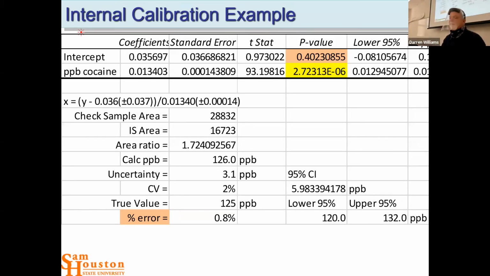So 1.96 times our uncertainty gives us that 5.9. And so our lower 95% confident value is 120, our upper is 132, and those contain the true value of 125. So that's fantastic. But does that B value bother you? This isn't statistically defensible.